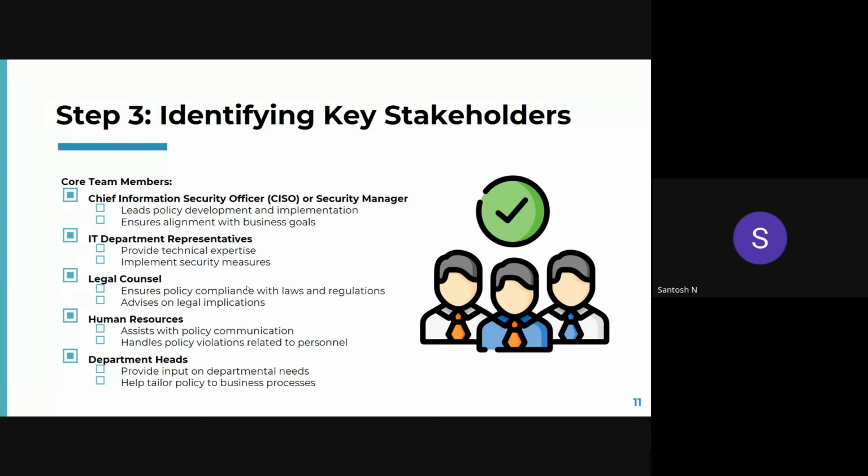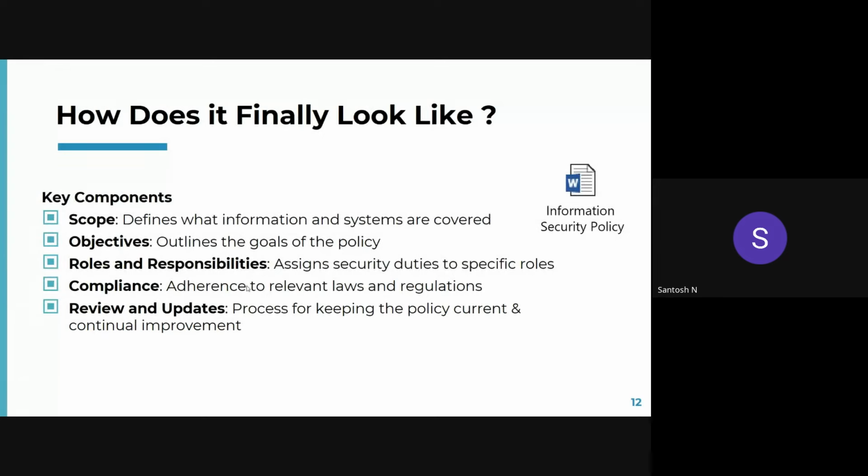HR for communication of the policies is very important, and department heads to implement within their departments. Like this, you need to identify the key stakeholders and tell them their roles and responsibilities at the beginning itself. So if you open an information security policy, what things will be there? Scope, objectives, roles and responsibilities, compliance, review and update.